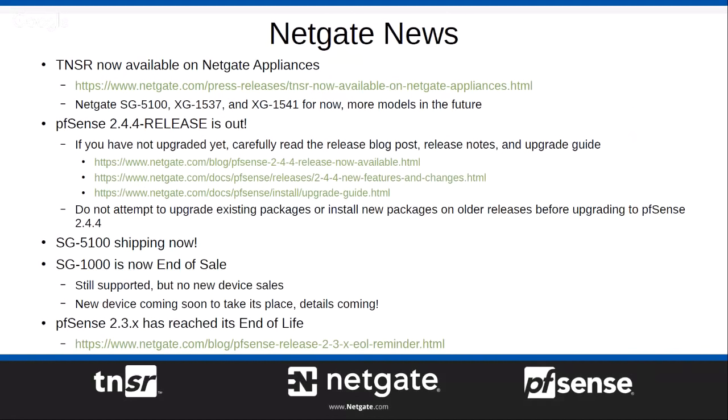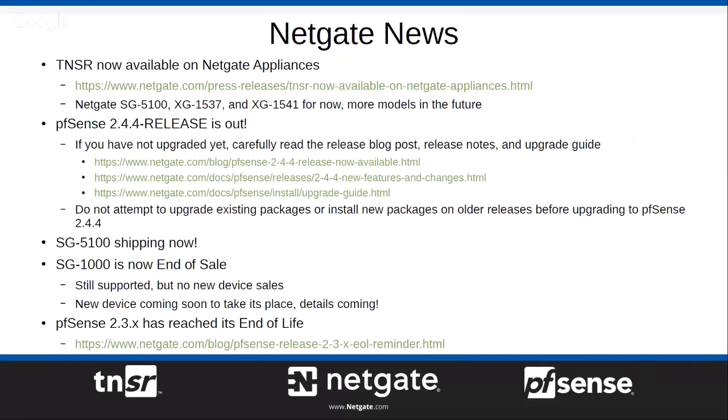One of those things is due to the way the upgrade system tries to track you onto the new release. When you check for updates, it's going to set you up to look for updates from the 2.4.4 repository. Now, the problem there is if you're on an older release and you try to install packages, we have some code now that tries to prevent you from doing that, but if you somehow are able to do that, there's a chance that you might accidentally break something because it's going to pull in a 2.4.4 version of something.